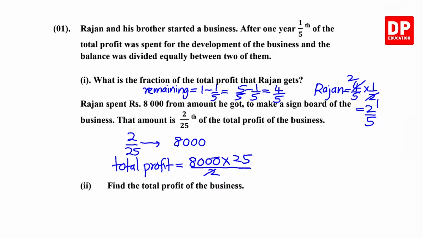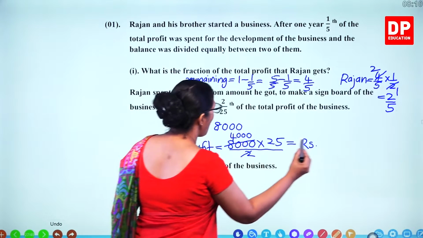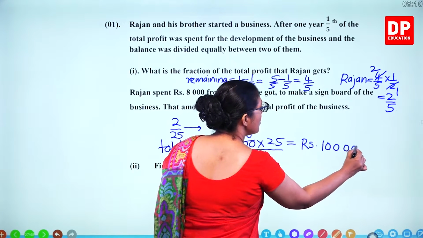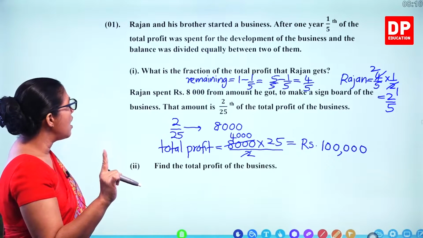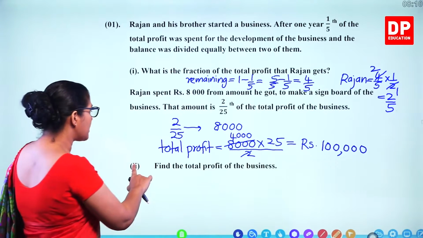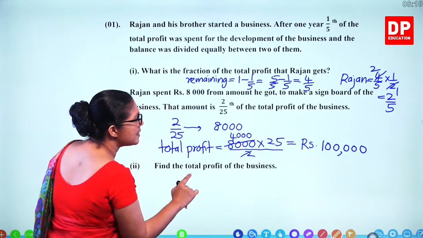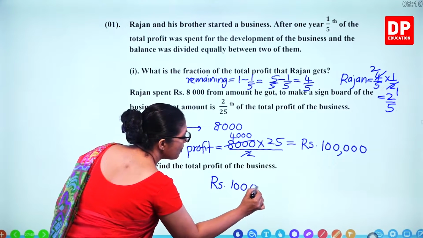So you get 4,000 multiplied by 25, that's 25 times 4 with 3 zeros, so you get 100,000 rupees. That is the total profit. So the second part asks what's the total profit of the business. That's 100,000 rupees.